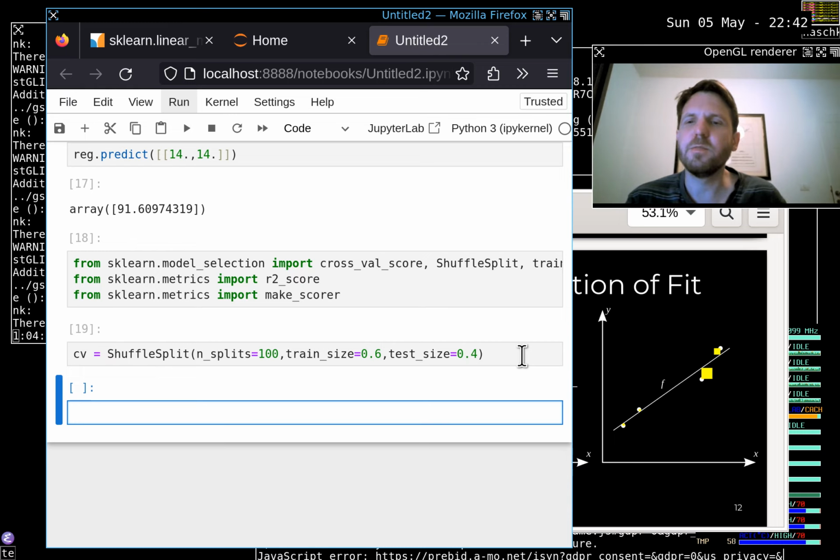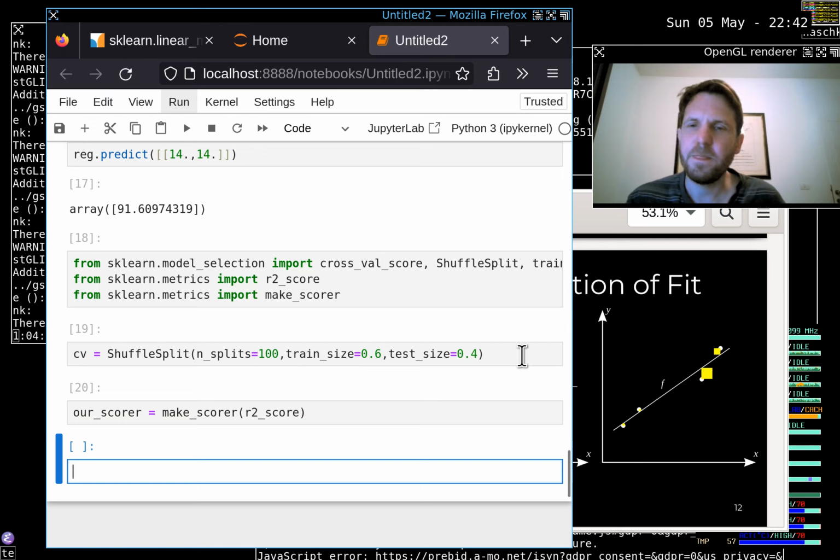We need to build a scorer. You can look it up in the functionality of scikit-learn. You have to build this scorer with the R2 score so that you can use the R2 score in the cross-validation.